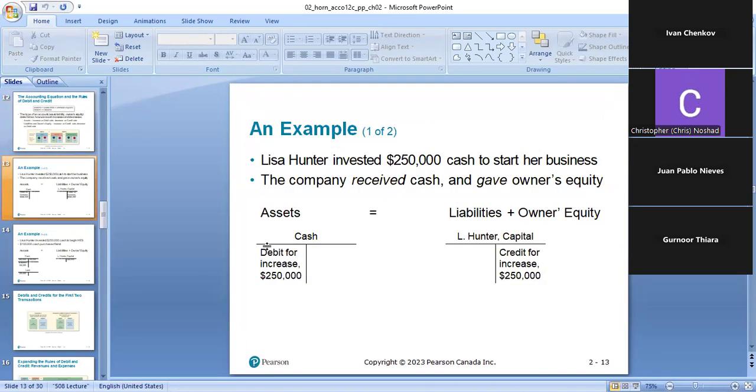So let's see here the simple thing. Owner invested 25,000 cash. What happened? Cash goes up, so we're going to debit the cash account since it's an asset. Owner's capital also goes up, so we're going to credit the owner's capital with the same amount.